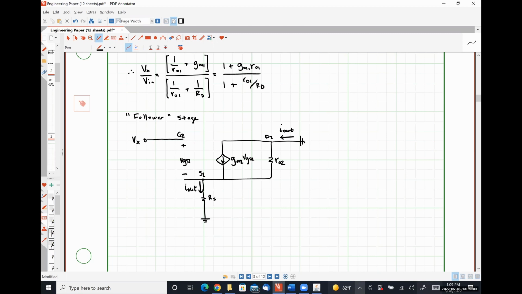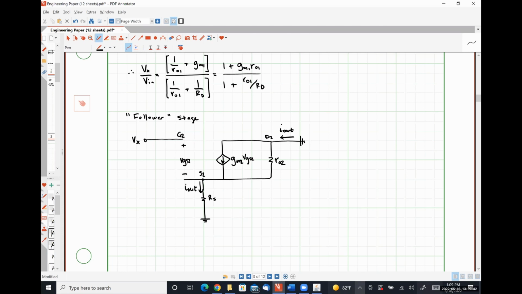And it has an opportunity, some part of it will branch off and flow through RS to ground. Some part of it will branch off and flow through R02 to ground. So this current sees these two resistors as effectively in parallel. All right. So I out is the current that flows through the resistance RS, right? It's flowing in from the power supply voltage, branching off, recombining, and flowing down through here.